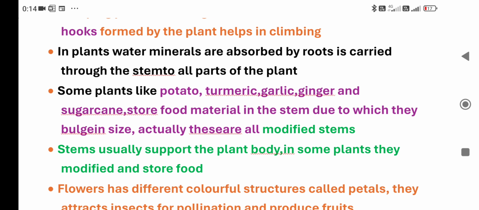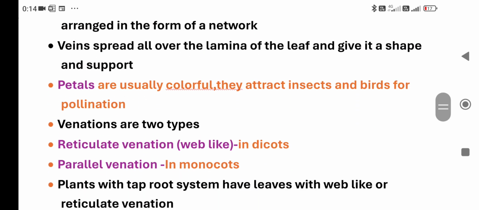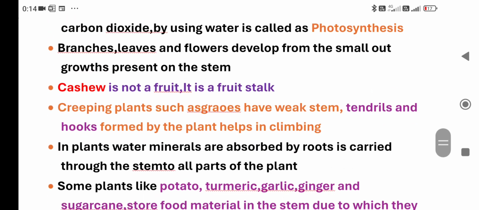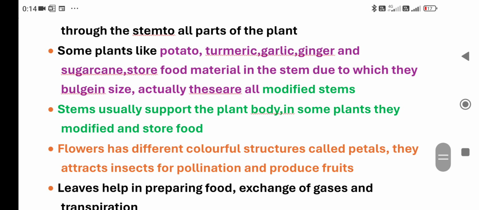So it is a stem modification. Potato, turmeric, garlic, ginger and sugarcane are the best examples for stem modifications. Clear?